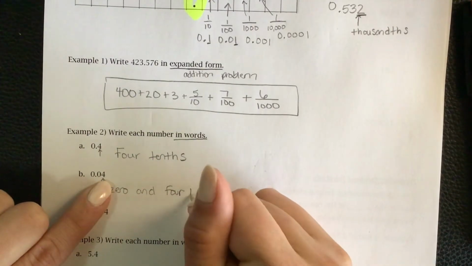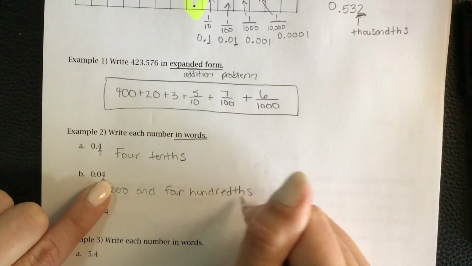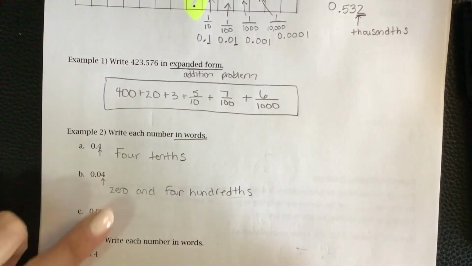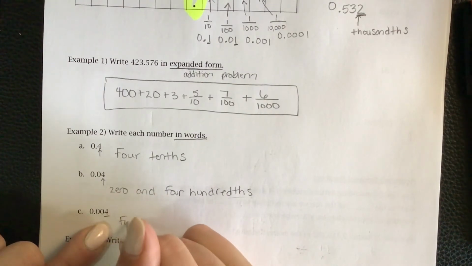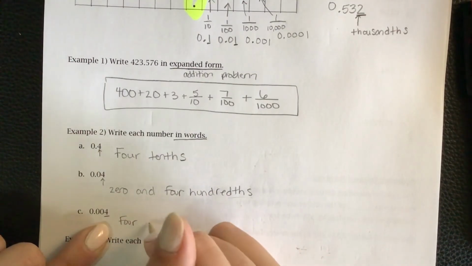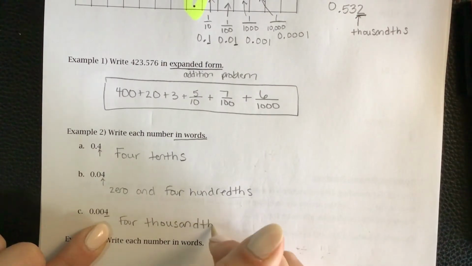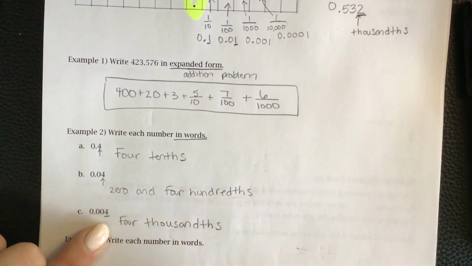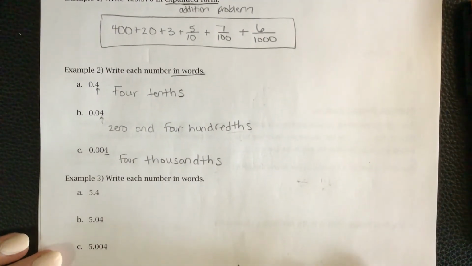This is in the hundredths. The THS is really important. And the last one, this is 4, and it is in the thousandths place. Both of these would be correct. Spelling will matter on those.